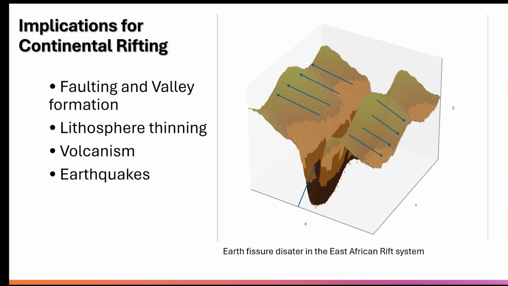Some of the implications of continental rifting are volcanism. There definitely has to be volcanism before the plates can diverge apart. It causes earthquakes, just like we have in Tanzania and some in Mozambique as of today, and also lithospheric thinning, like I explained earlier.